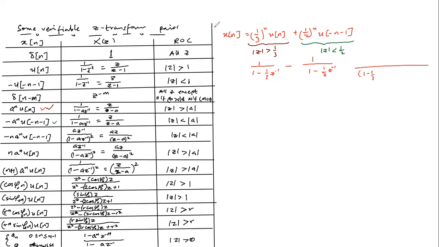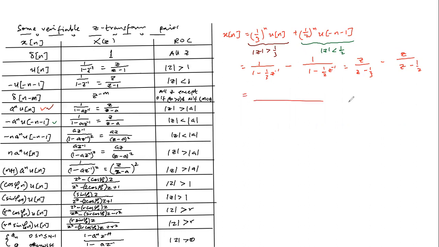Okay, let us expand first. Let us simplify. So if we simplify, this is the same as z over z minus 1 over 3 minus z divided by z minus 1 over 2. So now that we have that, we can take the LCM here.